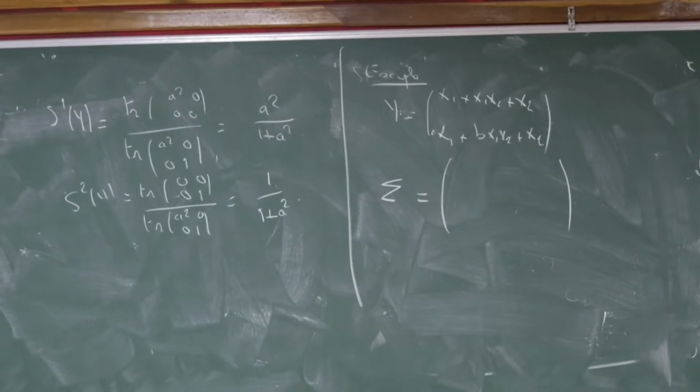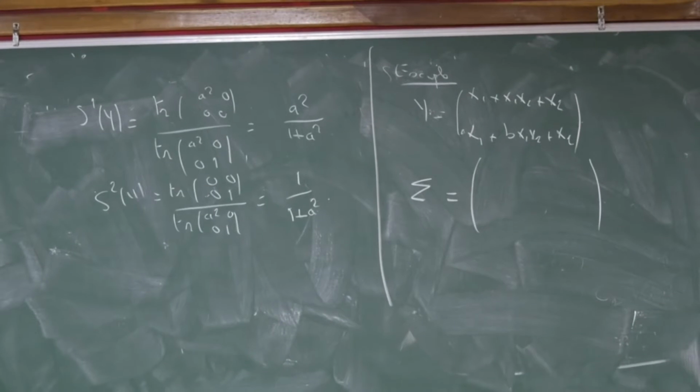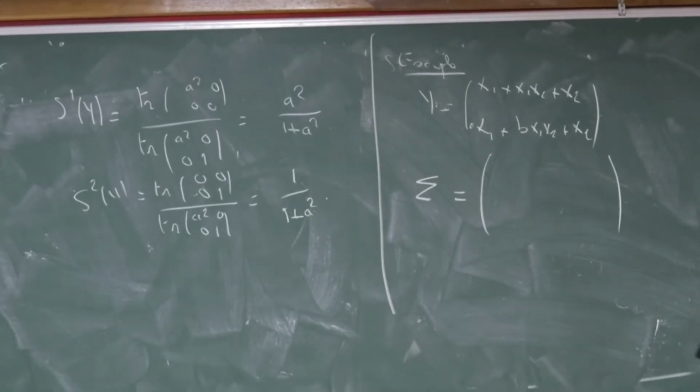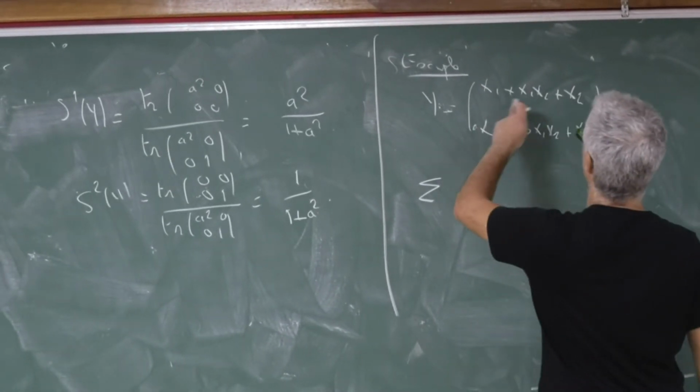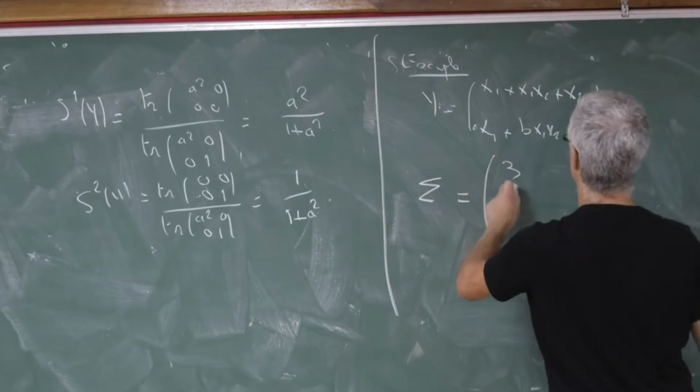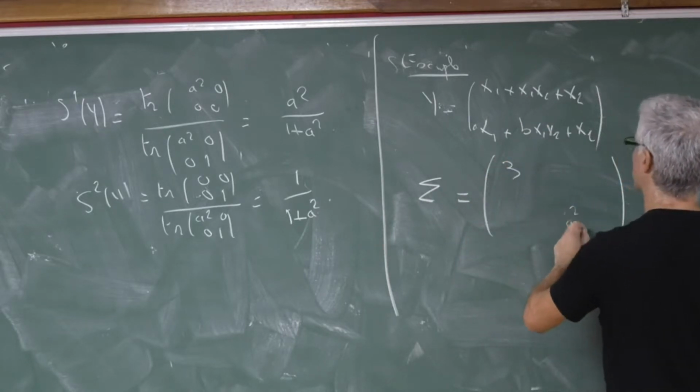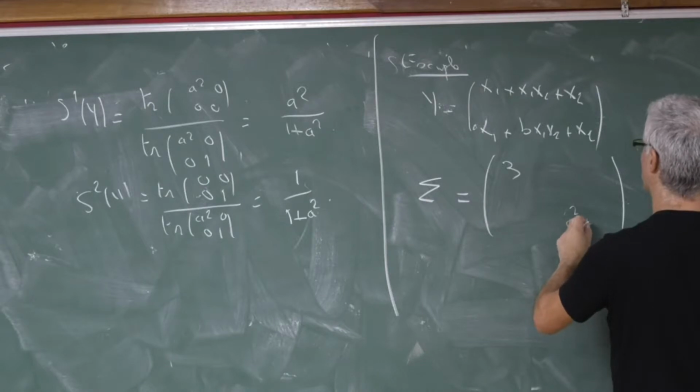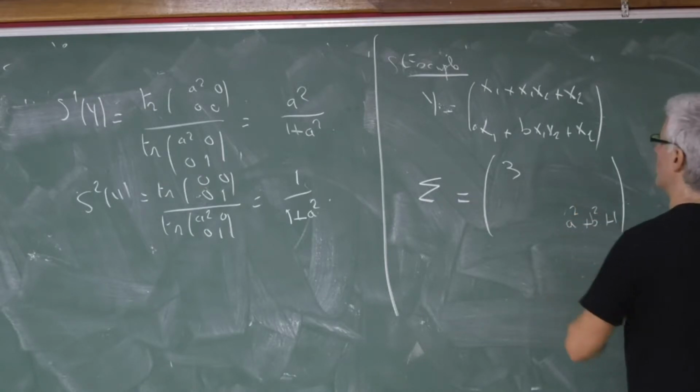Sigma is the covariance matrix of the output. I will have something like 1 plus 1 plus 1, that will be 3. Here I think I will have a squared plus b squared plus 1.